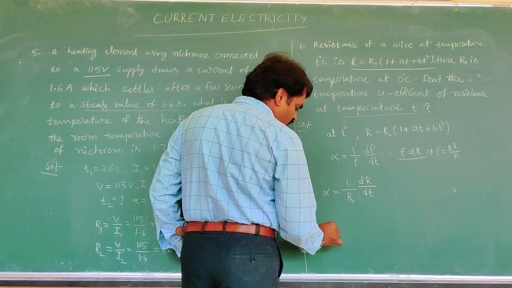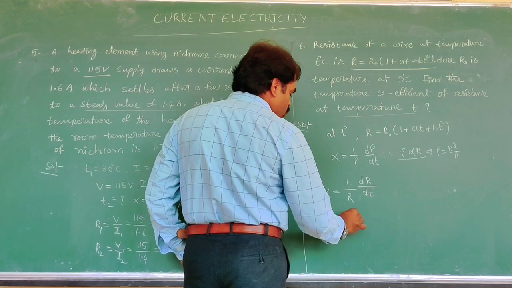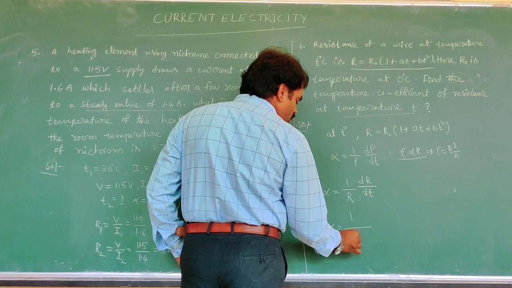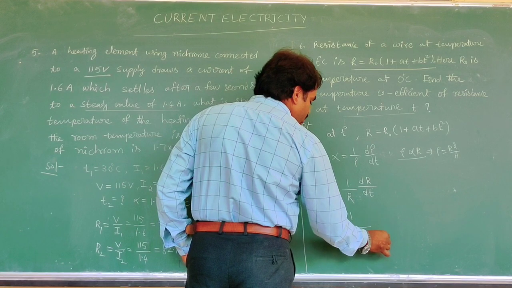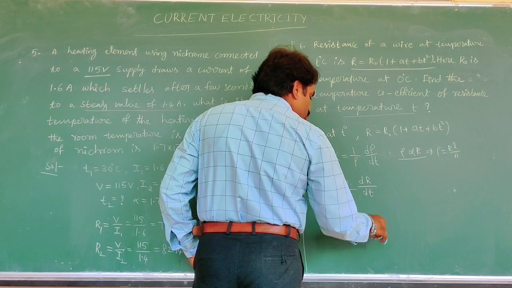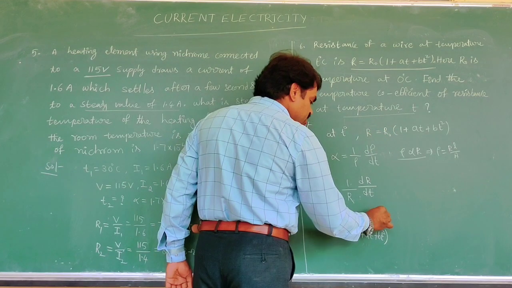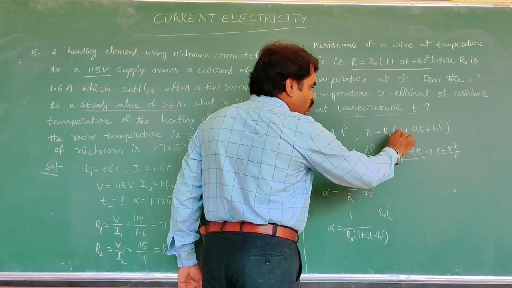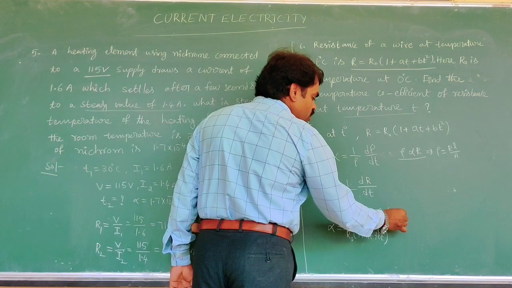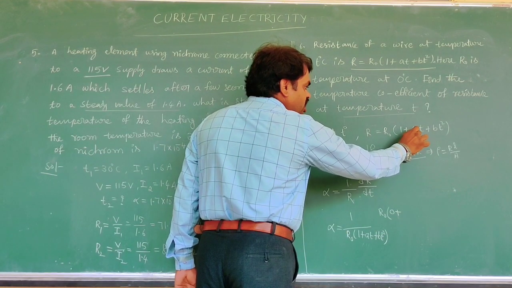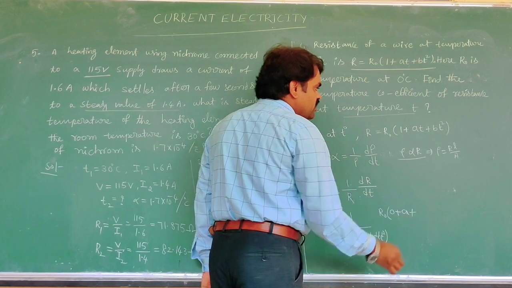Then we write alpha is equal to 1 by R, which is 1 by R naught into 1 plus AT plus BT square, into the derivative of the resistance. R naught is a constant. 1 is a constant, so its derivative is 0. A is a constant, T differentiates to 1.